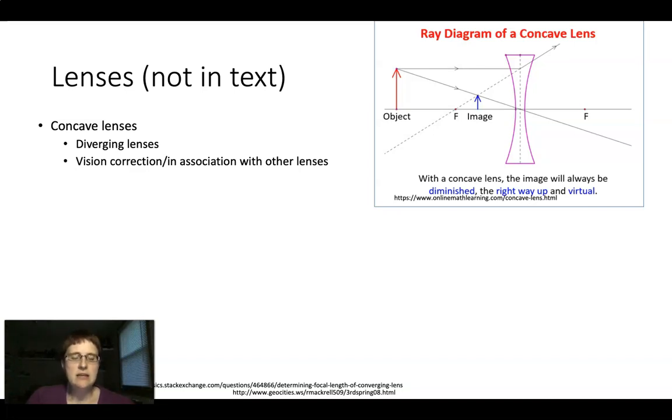What this means is when the light rays come into the lens, you can see up here, we've got a parallel light ray coming into a concave lens. And when it goes into the lens, it gets bent. With lenses, they're made out of transparent material. And if you remember in an earlier lecture, when light rays move from one medium to another, for example, air to something like glass or plastic, the speed of light changes.